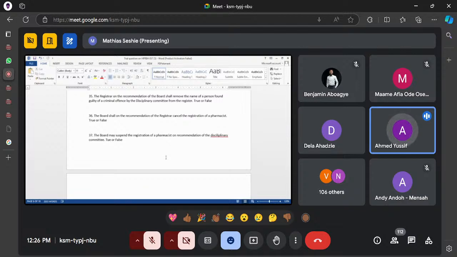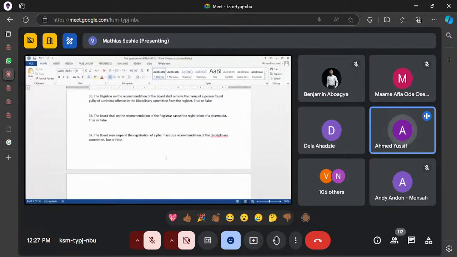Once it's a criminal offense, it doesn't lie with Pharmacy Council again. It becomes something against the nation. So it's a criminal offense and it can be prosecuted. You can serve some term of imprisonment. Once you are in prison, you can be cancelled.